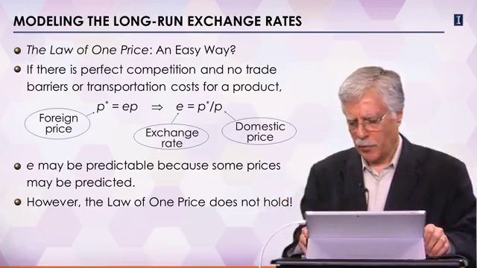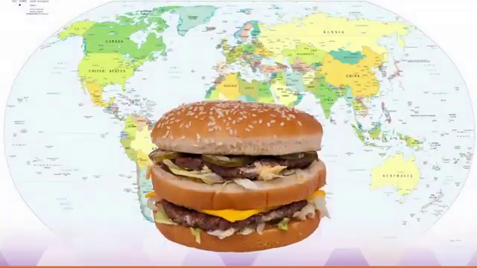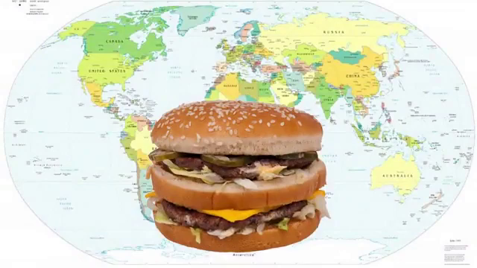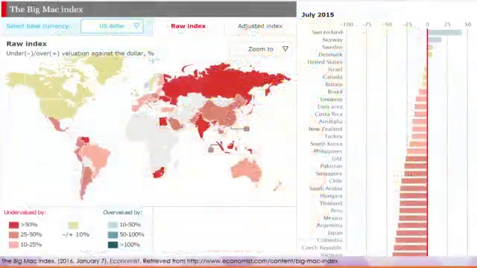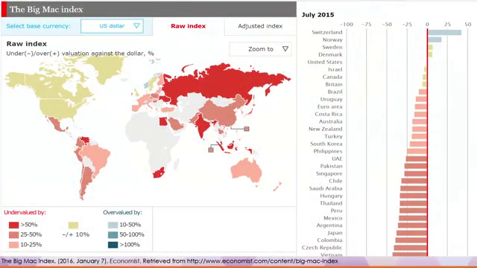To give you an example, let's start with the Big Mac that is being sold in many countries around the world, and its quality is supposedly the same in all countries, but its price varies a lot across countries. For example, here's the data collected by the magazine The Economist, which has been doing this for many years, checking the prices of the Big Mac across countries in local currency, turning them into dollars, and then comparing them.